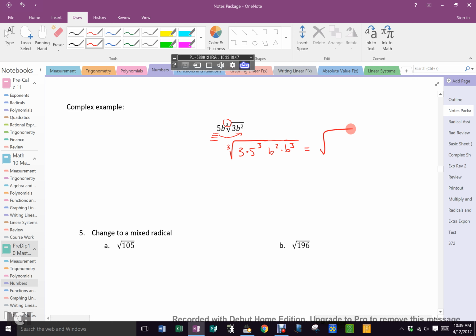So that is the cube root of 5 cubed, which is 5 times 5 times 5, 125 times 3, 375. And b b and b b b, which you remember from grade 9, is b to the 5th. Good? Great.